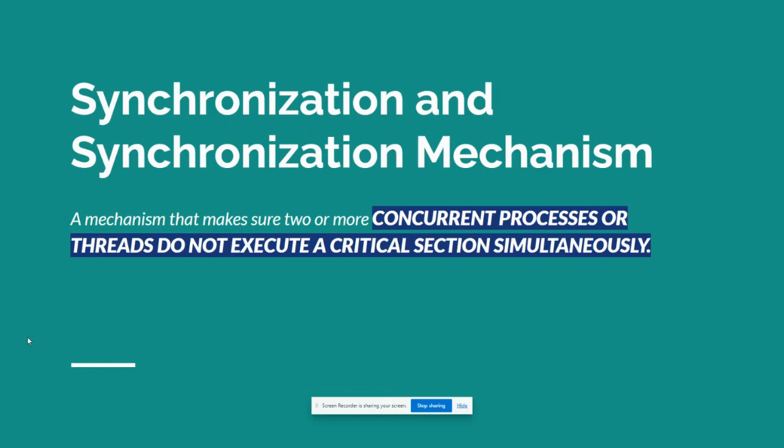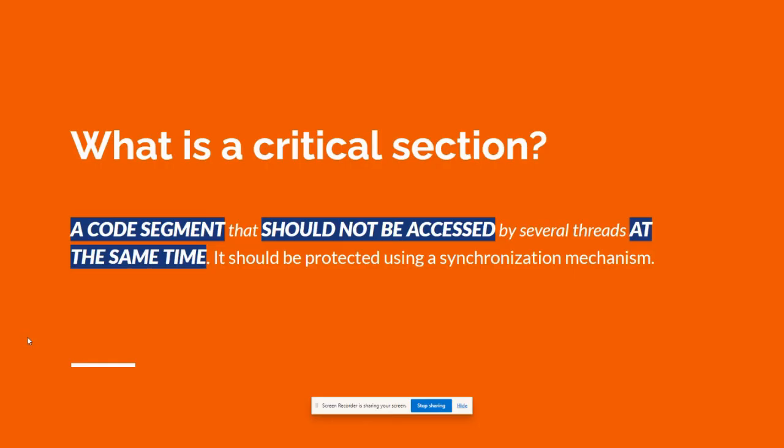The critical section in the banking account example is the code snippet which allows us to write to the bank account balance. Allowing these two threads to access that same code snippet at the same time is how race conditions and interference occur. So to prevent that, we use synchronization and synchronization mechanisms.